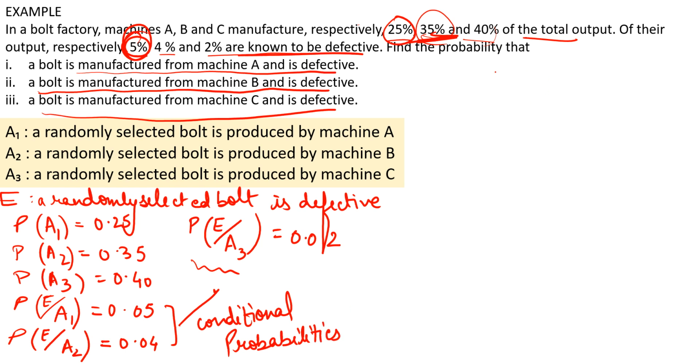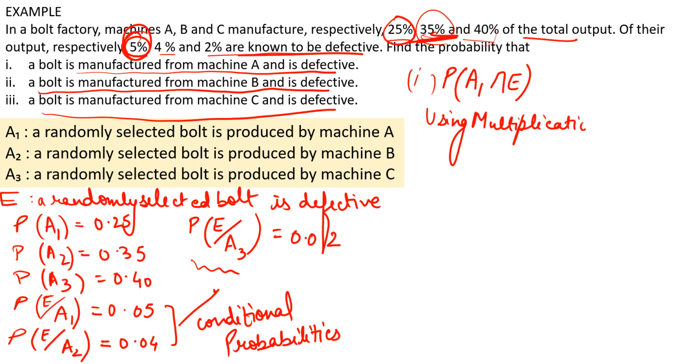Now let's move on to our first question, which says, what is the probability a bolt is manufactured from machine A and is defective? So we want the probability that a bolt is selected from machine A, and means intersection, and is defective. Probability of A1 intersection E. Now, using the multiplication theorem, we clearly know that probability of A1 intersection E is equal to probability of A1 multiplied by probability of event E given A1 has already occurred.